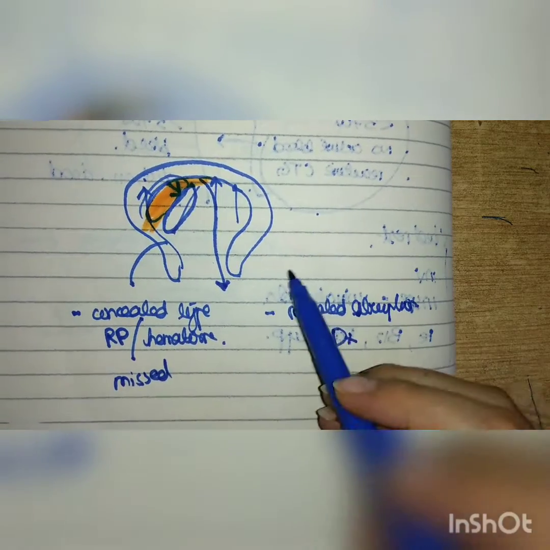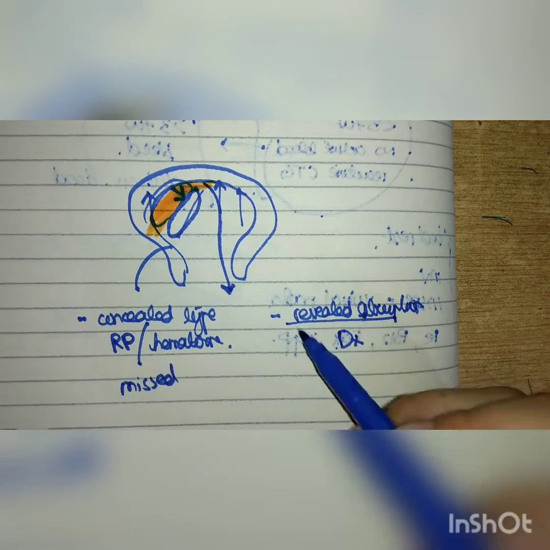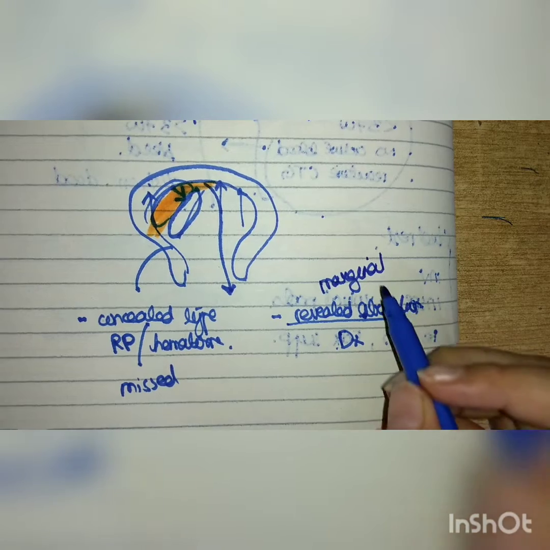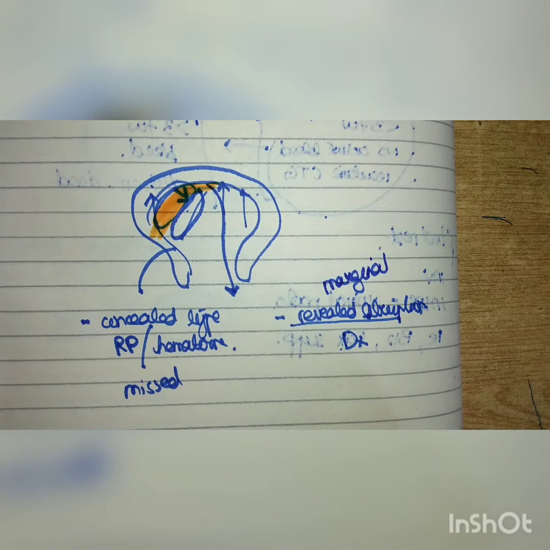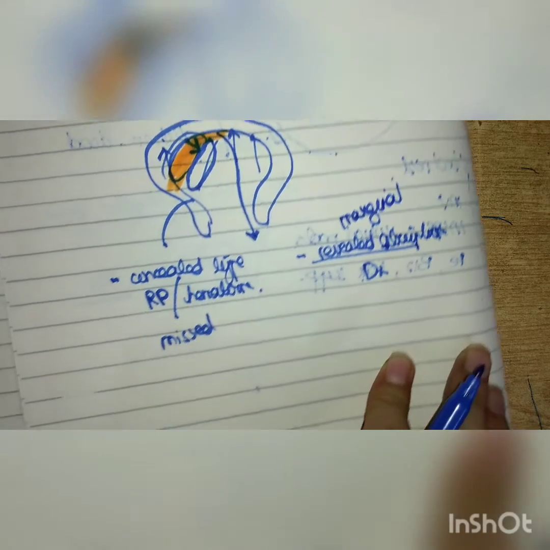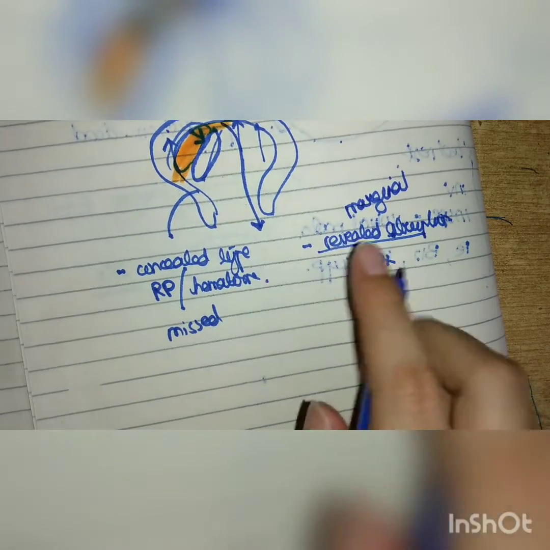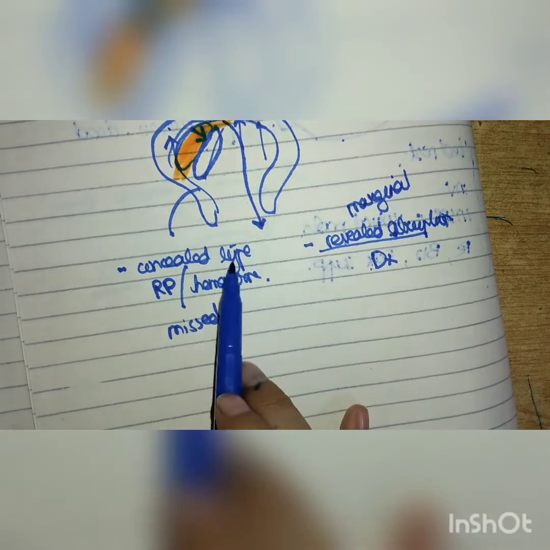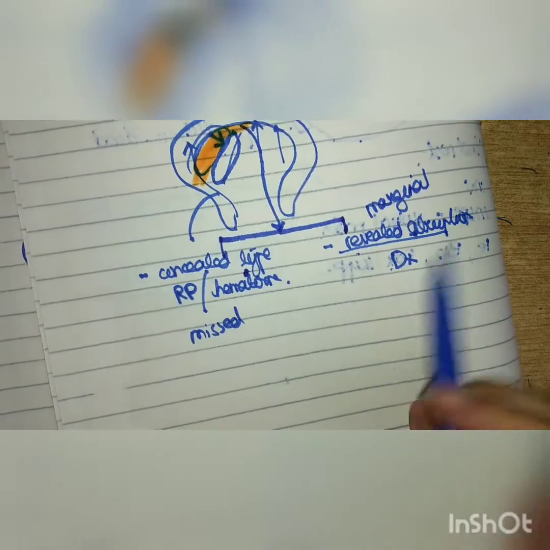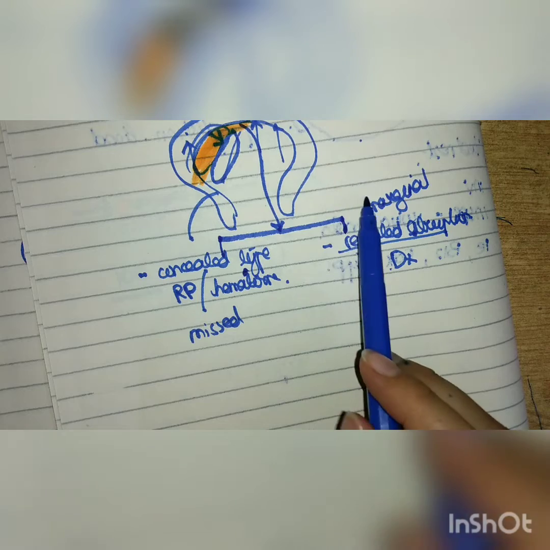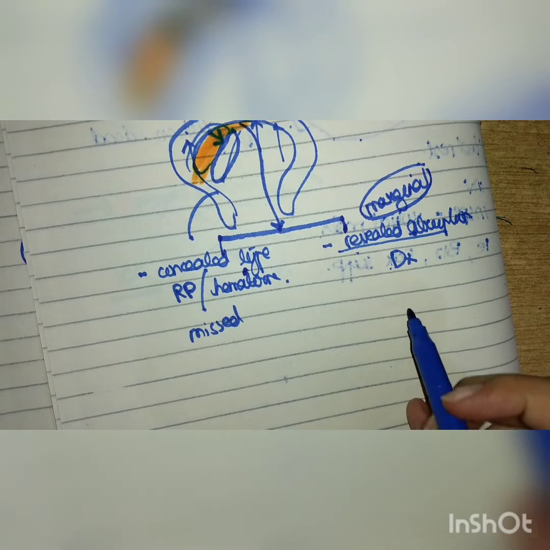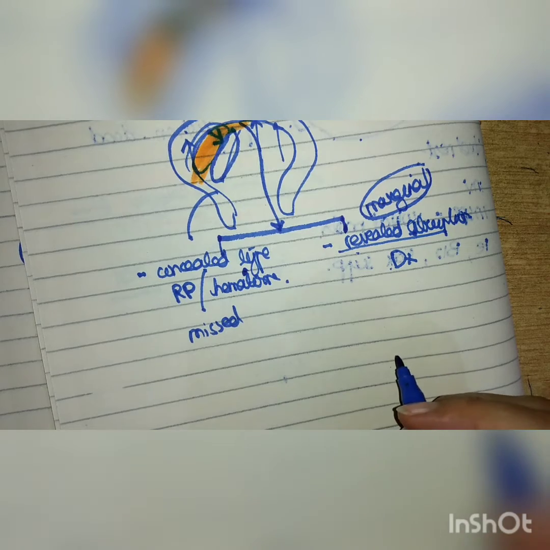This occurs when the placenta is separating via the marginal mechanism. If you want to know the mechanism of separation, whether central or marginal, you will have to refer back to a separate discussion on placental separation. Then only you will understand why concealed and revealed occur differently. So in revealed abruption, the placenta has separated via the marginal mechanism, and it is less dangerous because you can easily diagnose it, as all the blood is coming out.